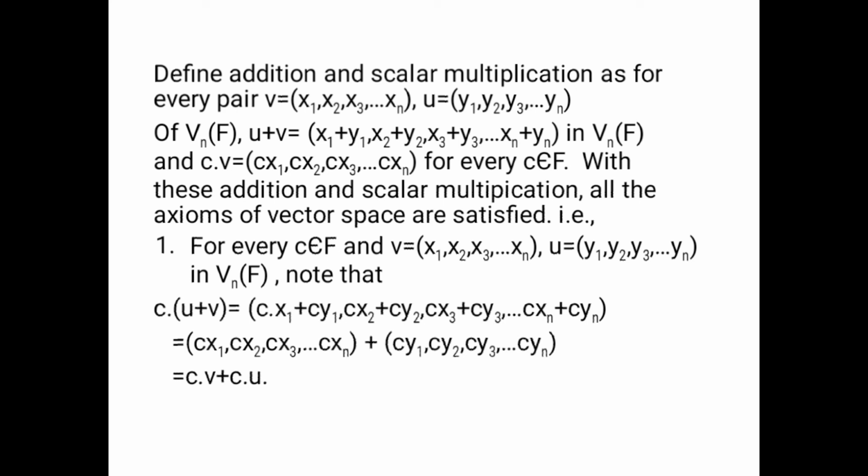What is more important here, if we want to verify whether V_n(F) is an additive abelian group or not, you simply verify this rule, that is c dot (u plus v) is equal to c dot u plus c dot v. If this is satisfied, then definitely it is an additive group. And the other one, commutative law also holds, you may note that one. So I can write V_n(F) with plus is an additive abelian group.